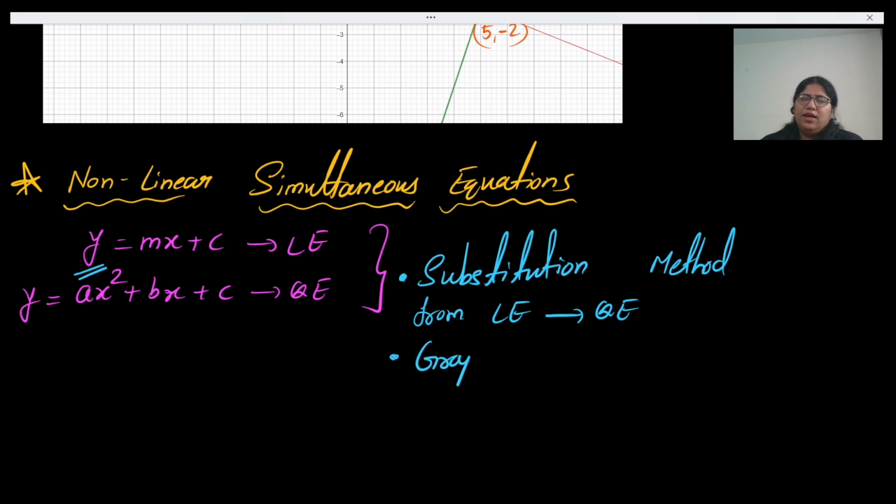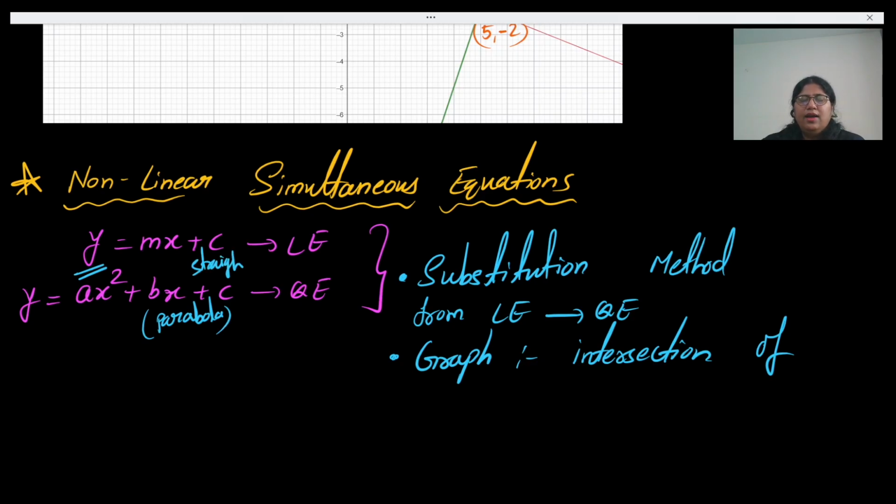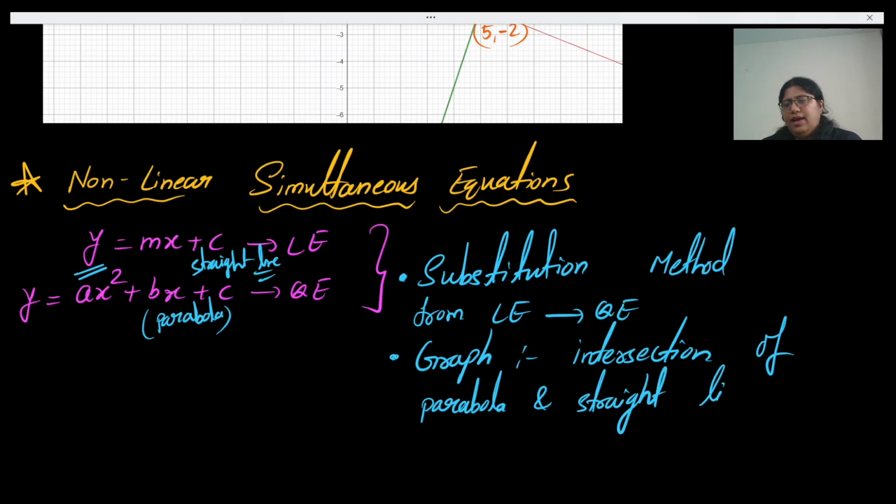Now what is going to be the graph? If you see here, the graph is going to be the intersection of a parabola, because whenever we have a quadratic equation, we always get a parabola. Here we get a straight line. So whenever you have this case, the intersection of a parabola and a straight line, then what do we take here?